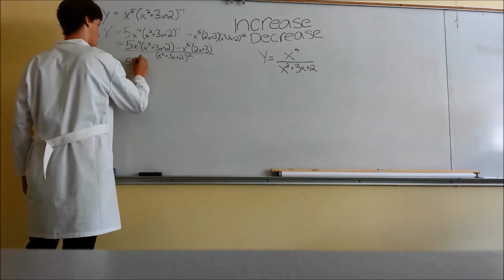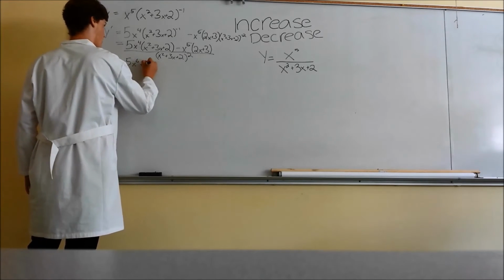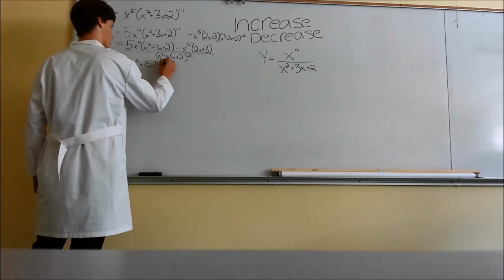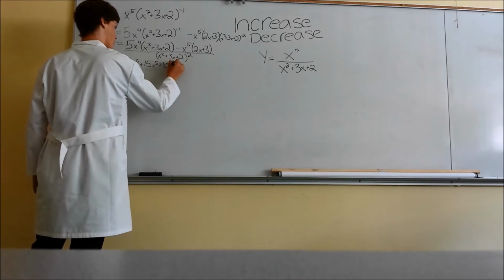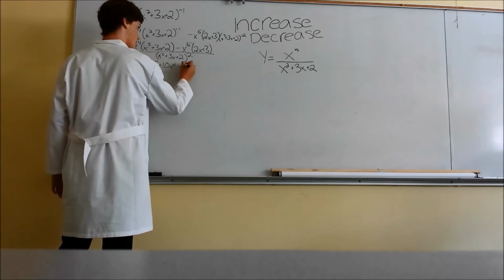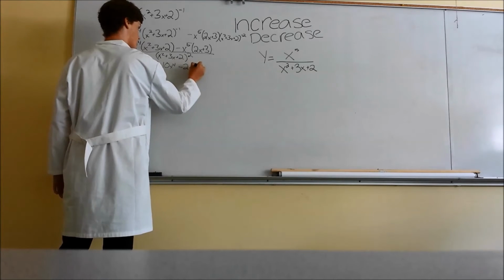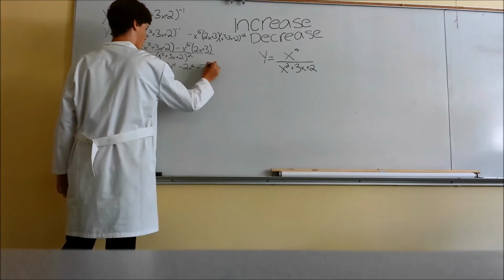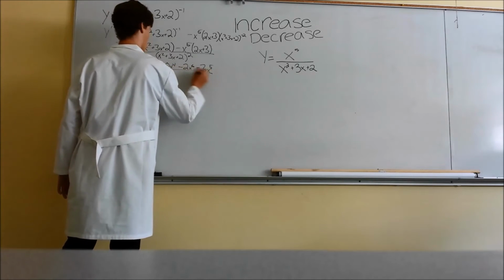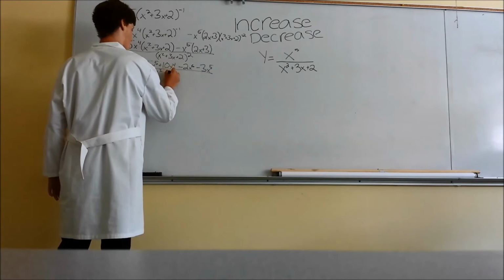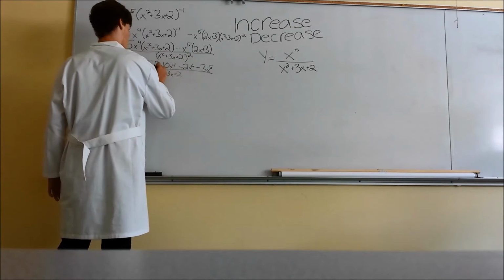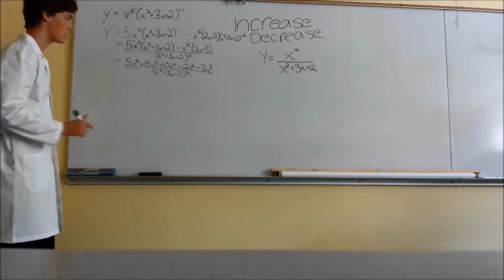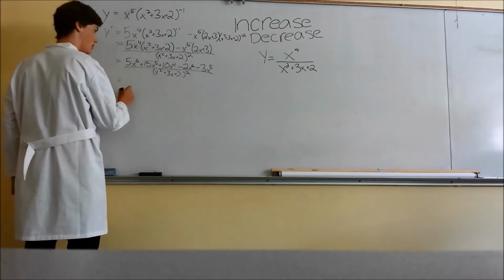And we get 5x to the 6 plus 15x to the 5 plus 10x to the 4 minus 2x to the 6 minus 3x to the 5. And that remains over x squared plus 3x plus 2, squared.